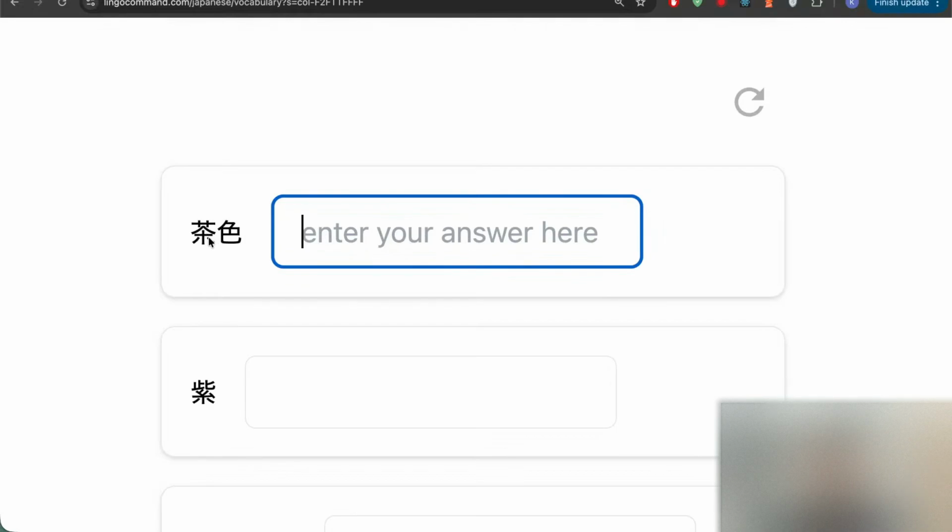And so the way that I remember this is, I think of a tea house, they serve tea. And so this kanji here on the left, it means tea, which in Japanese is cha. And then the kanji on the right, its reading is iro. So as a whole, this is pronounced chairo, and that directly translated means tea color. Now tea is brown, so this means brown.